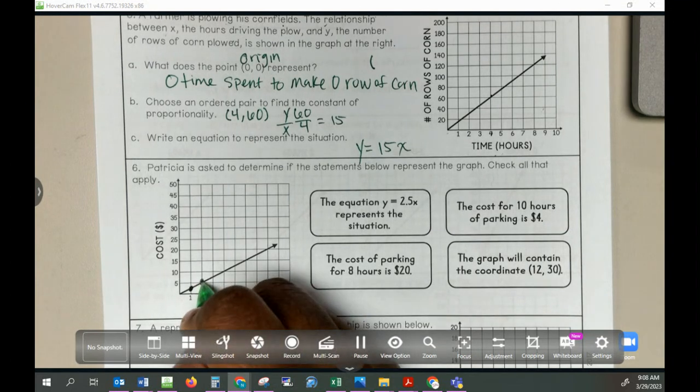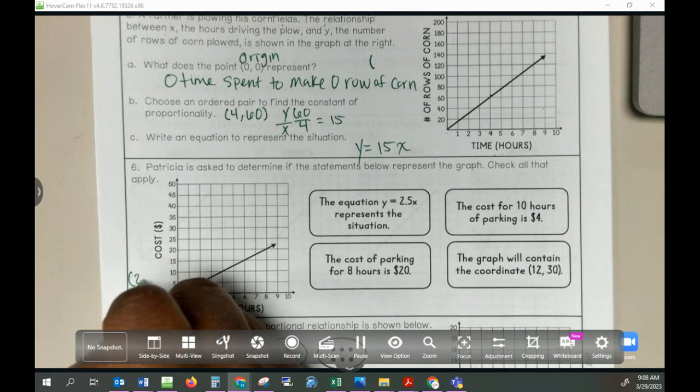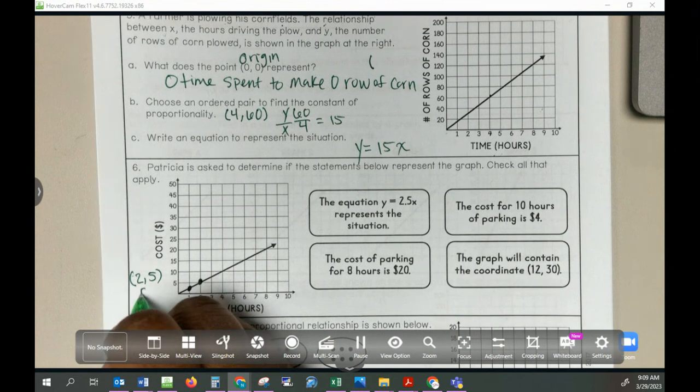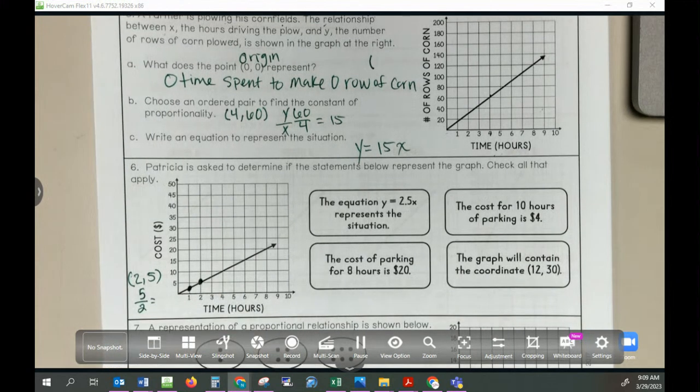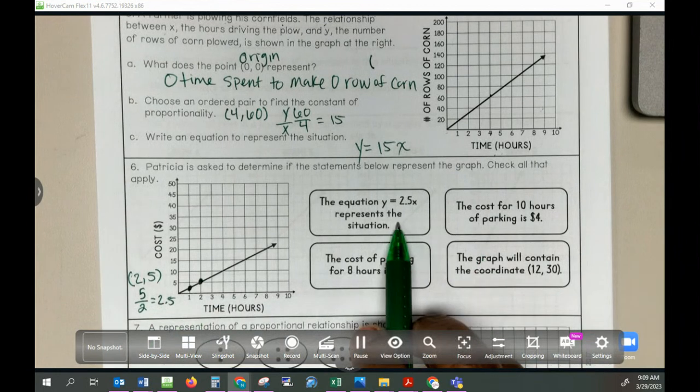So 2 equals 5. So you want to use that point? Okay, so if we use 2 is 5, how do I find out the rate of change with that? What fraction is that? So 5 divided by 2, which is what? 2.5. So is this true?